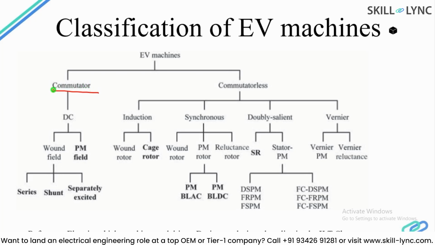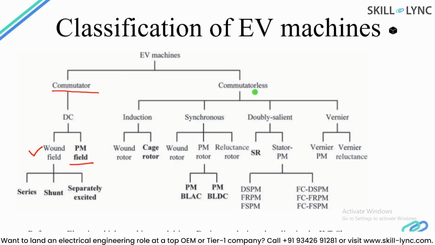The commutator function is going to change the type of excitation in the winding from alternating to direct. If the commutator is present, it's basically a DC type machine, and the DC type machine can be either series, shunt, or separately excited under the wound field category, or it can be a permanent magnet DC machine. This is also one highlighted category which is popular for electric vehicle motors.